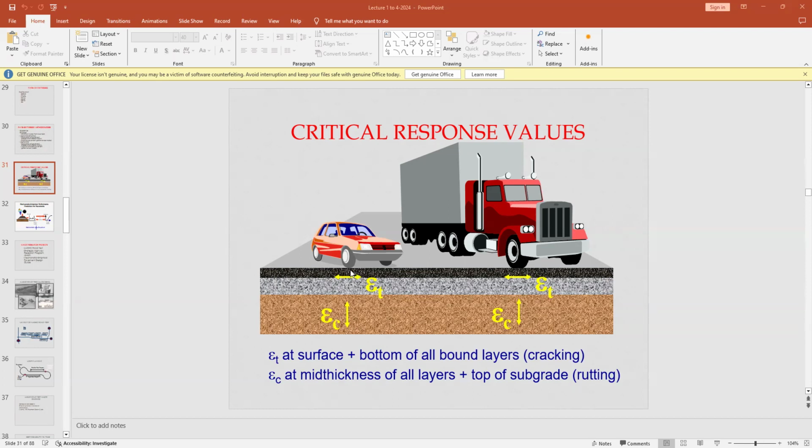Now, if the pavement has failed due to fatigue cracking, it means you have to redesign, or you have to think about the tensile strain, you have to improve the thickness. Normally, we increase the thickness of the asphalt base.